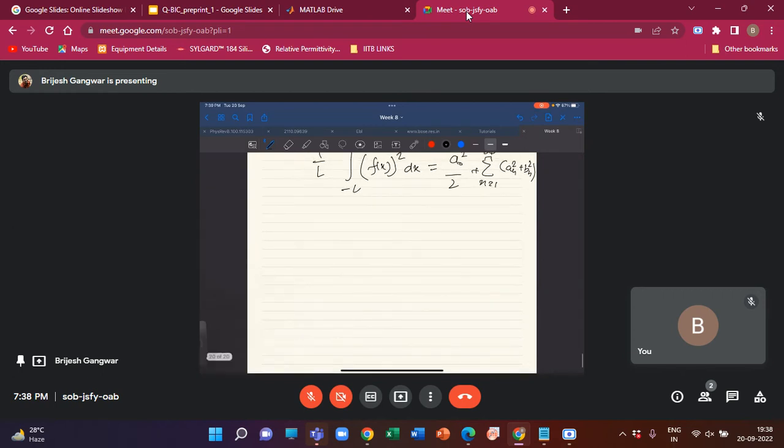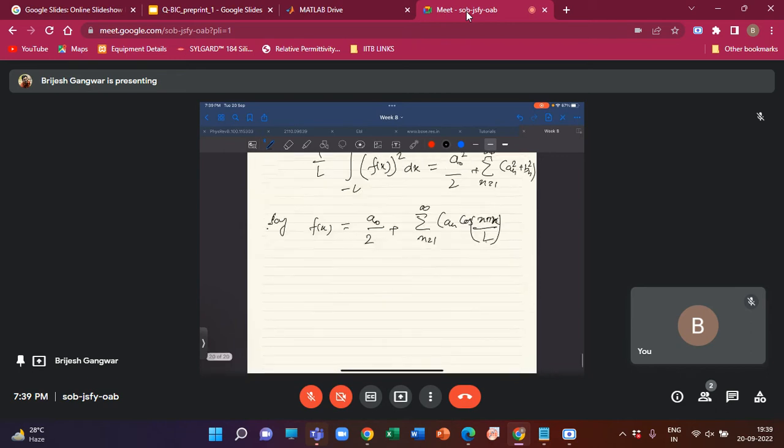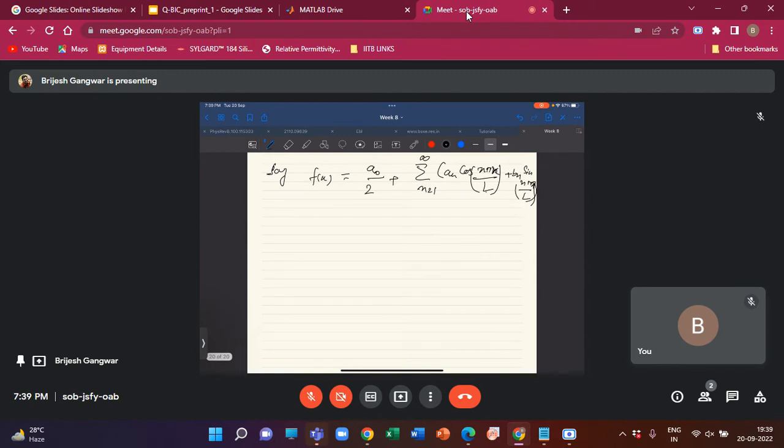How will we prove it? Let's say the Fourier series of this f(x) is a0 by 2 plus summation n equal to 1 to infinity of an cos n pi x by L, where L is the given periodicity, plus bn sin n pi x by L. So let's say this is the Fourier series of this function.